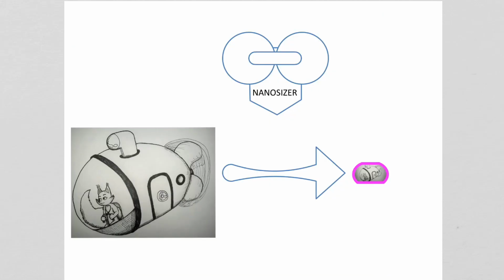So what we're going to do is a sort of science fiction project. We are going to put Quirly in a little submarine, and then we are going to shrink Quirly and the submarine down to a size of, let's say, around 100 nanometers. Okay, 100 nanometers.